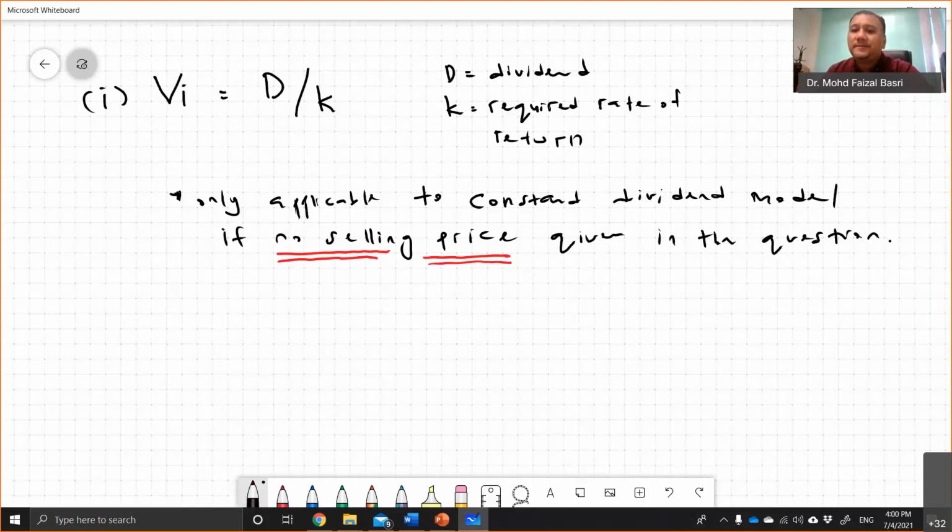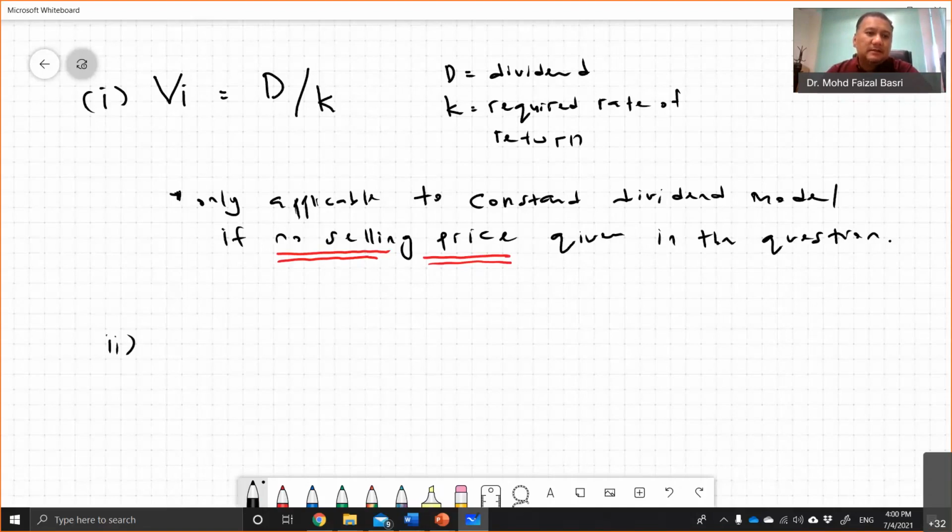So only for the constant dividend model, we have an alternative, which is this formula. The intrinsic value is based on just the dividend, because the dividend is fixed, so whatever year, it will be the same. Dividend divided by K, the required rate of return. This is our first formula.